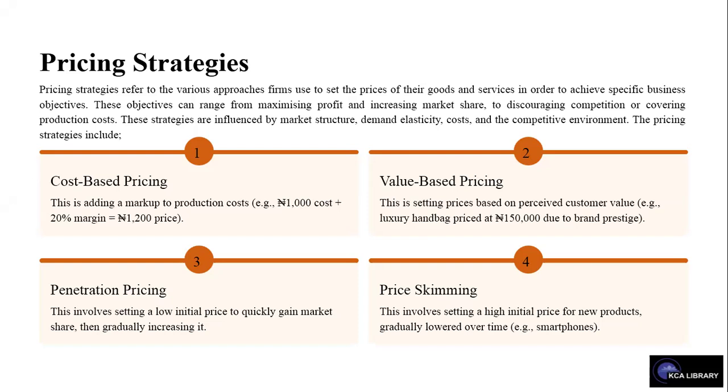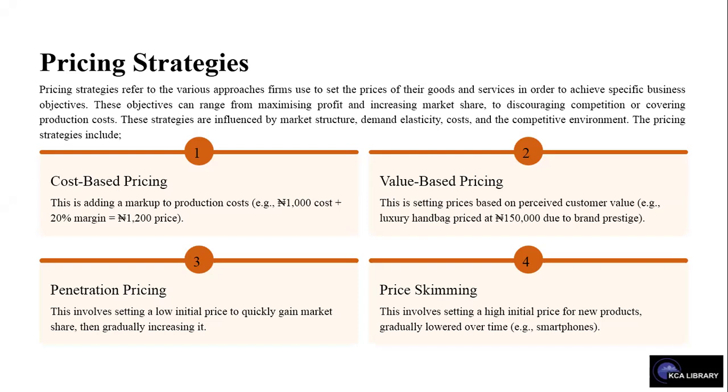And for penetration pricing, this involves setting a low initial price to quickly gain market share, then gradually increasing it. And for the price skimming, this involves setting a higher initial price for new products, gradually lowered over time. And this is an example of smartphones.